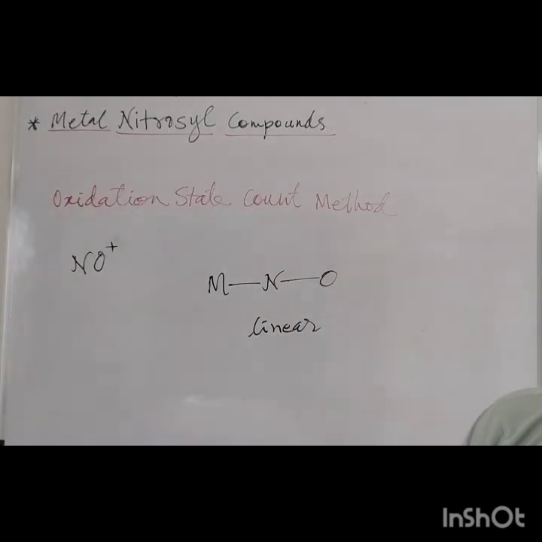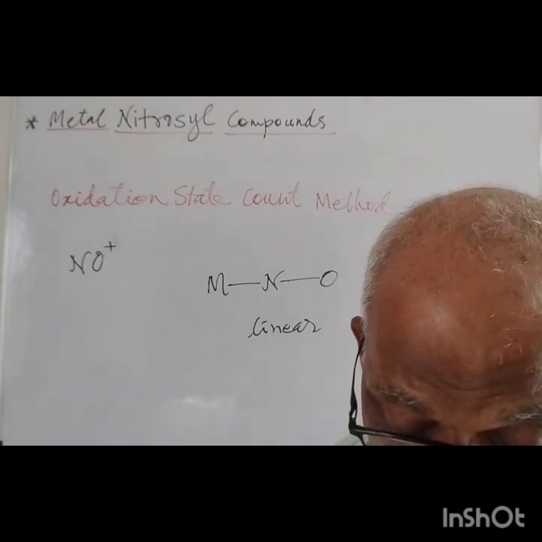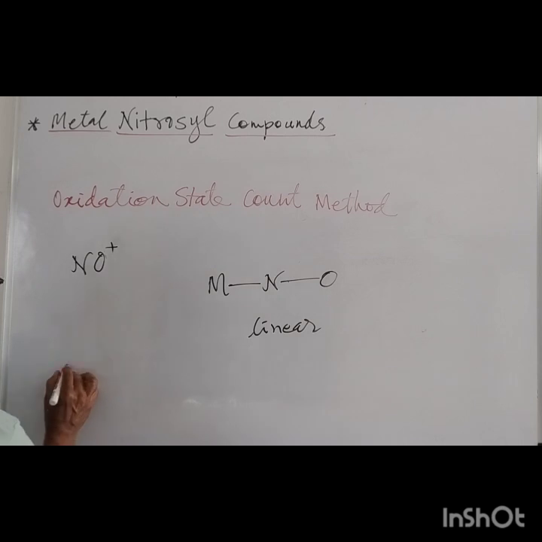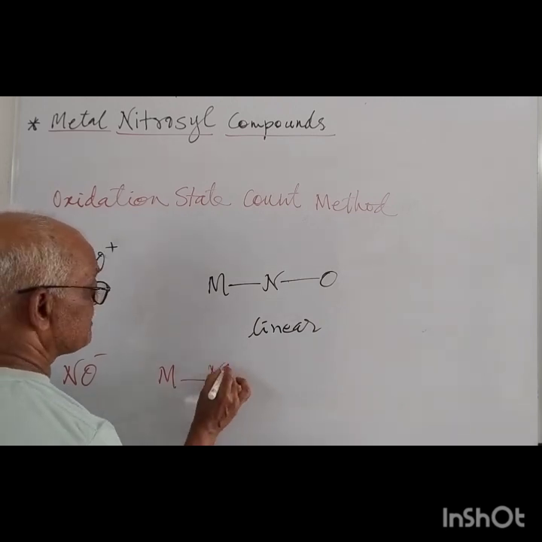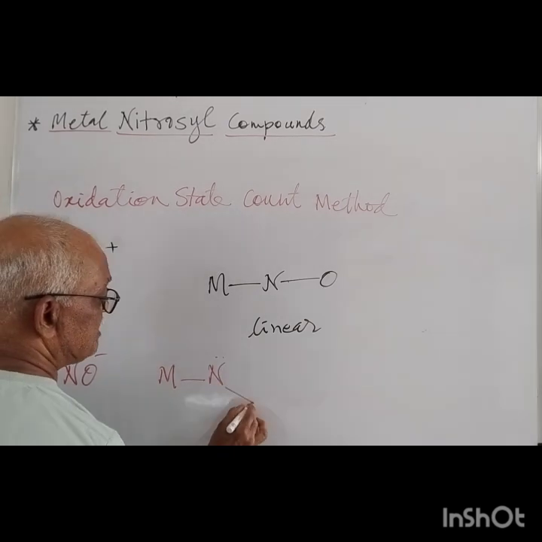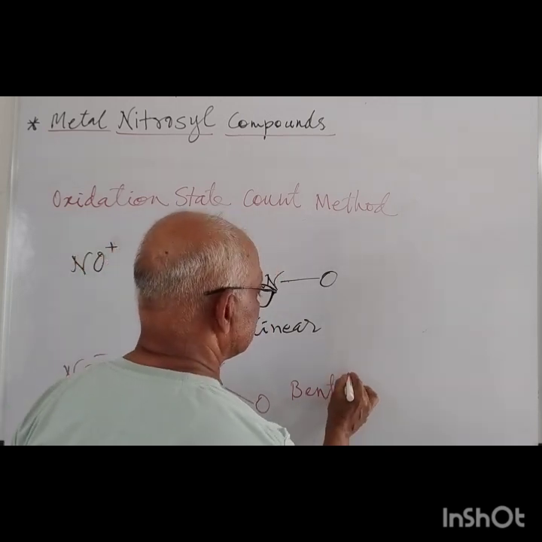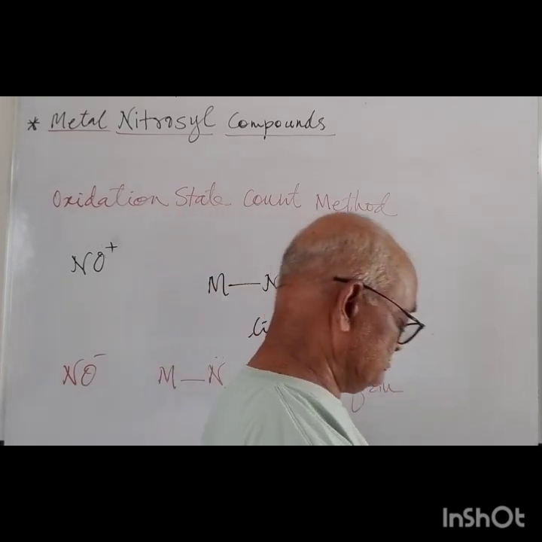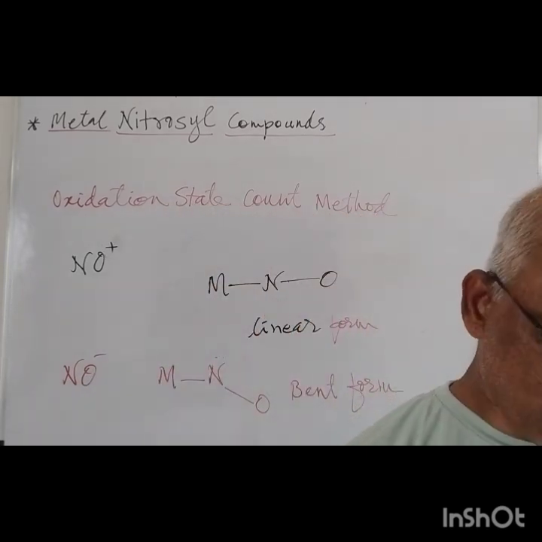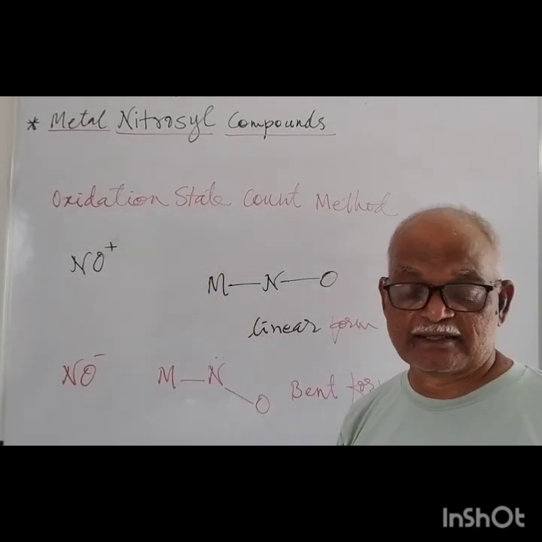But when we are having the ligand in the form of NO minus, then the metal ligand bond is like this, and it has bent structure, bent form, and this is linear form. So the geometry is in this way correlated with the nature of ion, whether it is cation or anion.